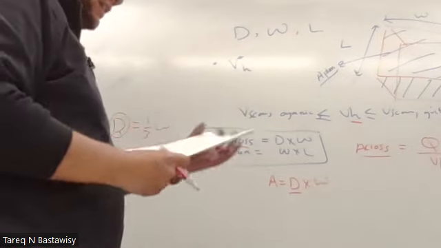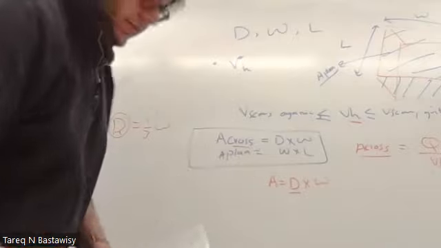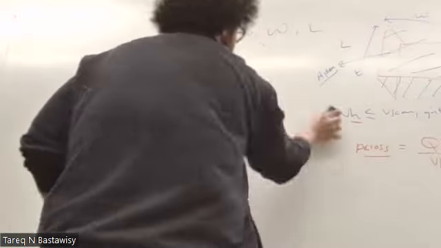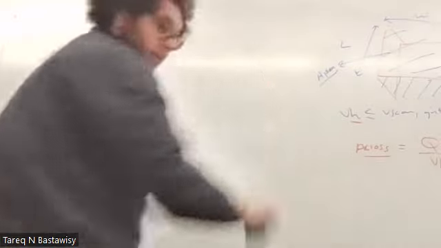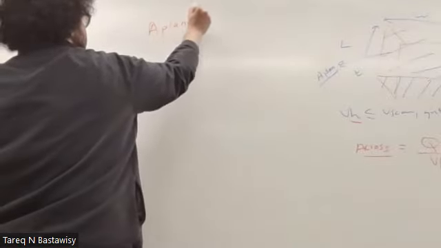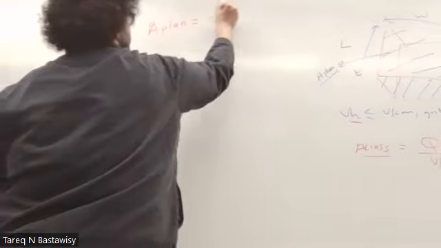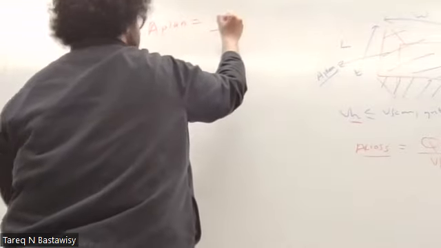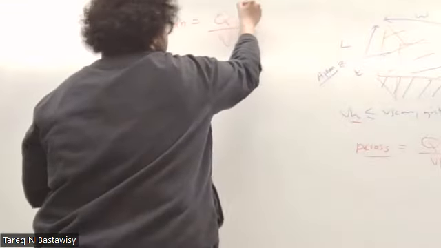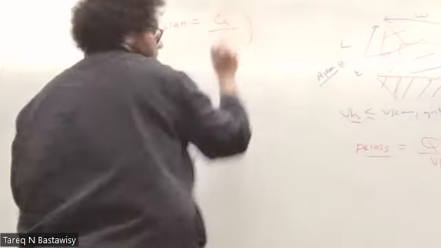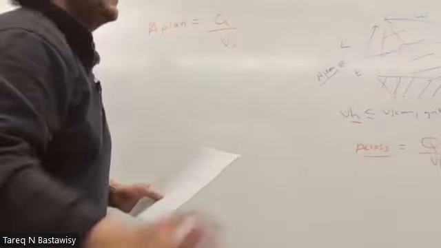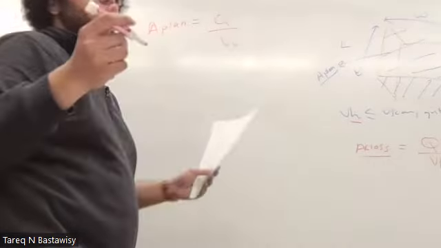All right, so to find the A-plane, what is it equal to? It's equal to Q over Vs, settling velocity. At times, the question might say you have a peak flow rate.